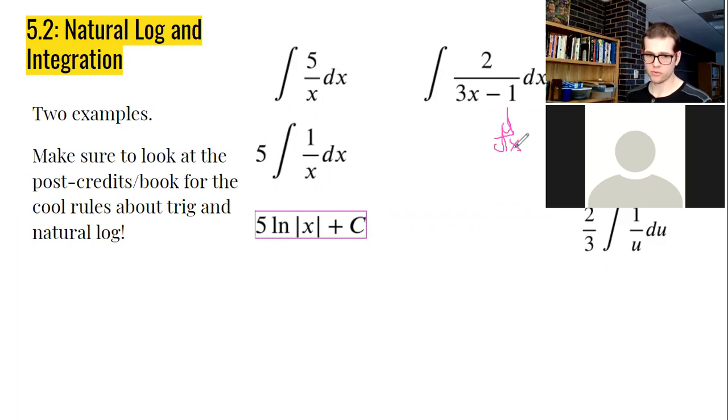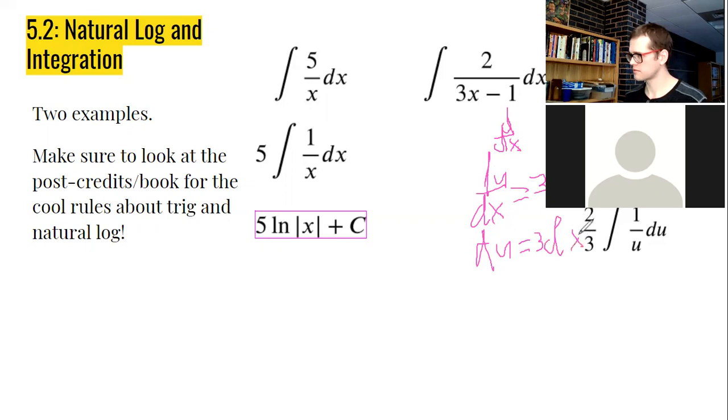So the derivative of u with respect to x is du over dx equals 3. But it's not helpful to leave it as du over dx, so then I multiply by dx to get du equals 3 dx. Good questions. Thank you so much for asking.